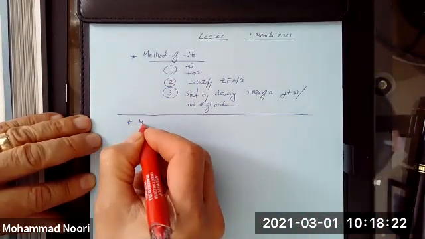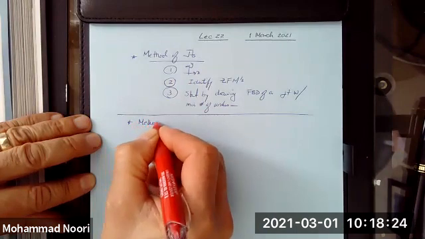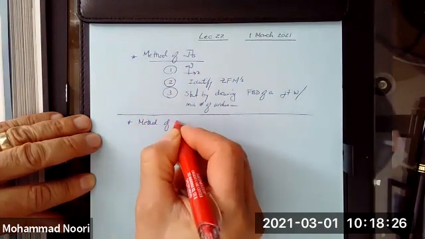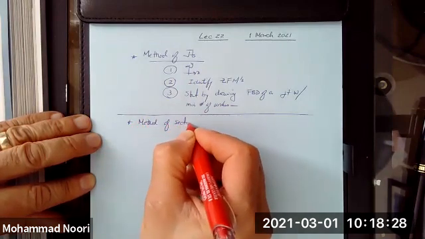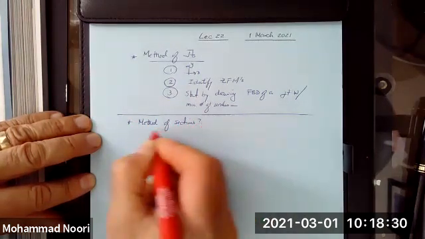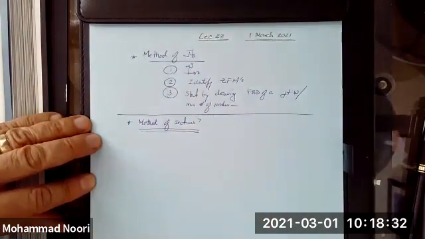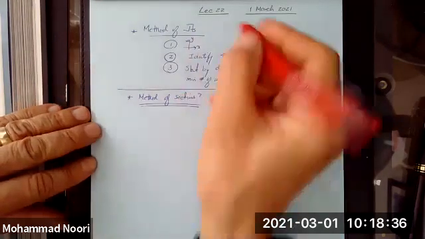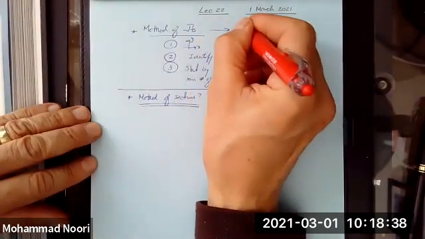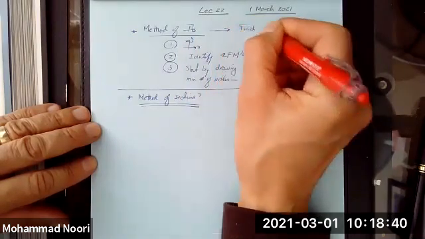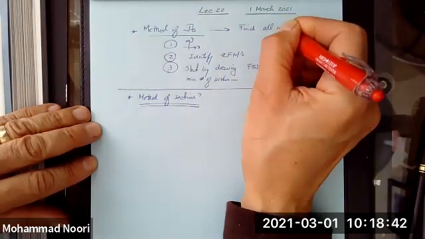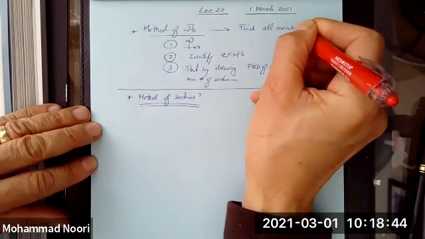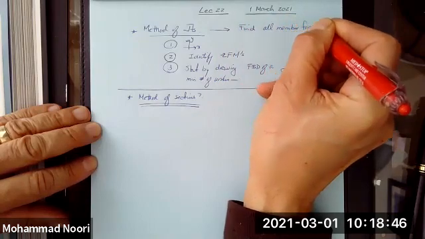So what is the method of sections? In other words, when we are only asked to find a few member forces, how do we do that? The method of joints is the case when you want to find all member forces.